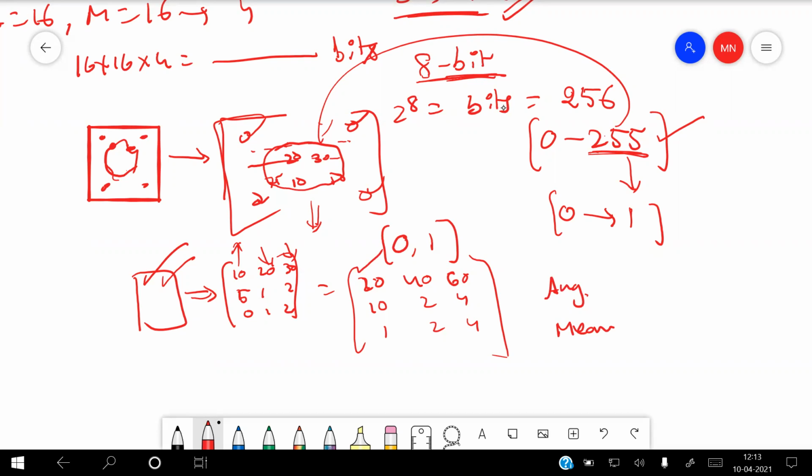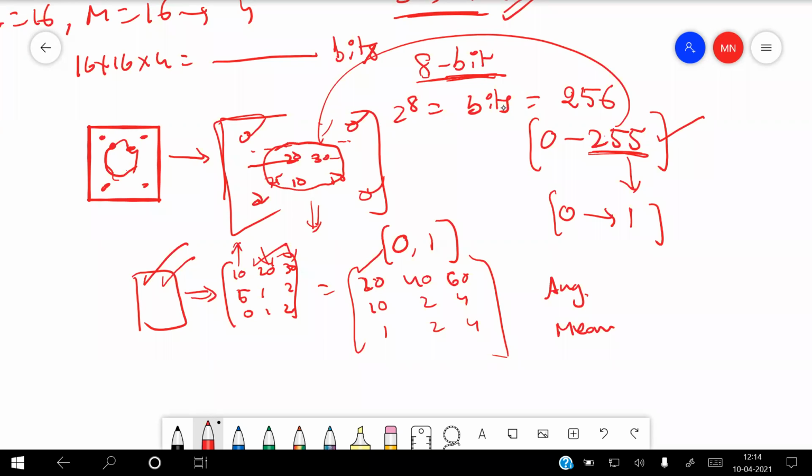That is what we are going to analyze in image enhancement techniques. How are we going to enhance? What is the pixel value? If you know the pixel value, only then can we enhance 10 to 20 or 10 to 30. So how do you know that? When an image is analyzed in MATLAB or Python programming, it is represented in matrix notation only, and the matrix contains gray level values.